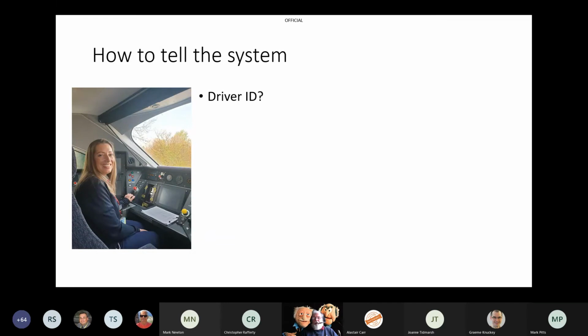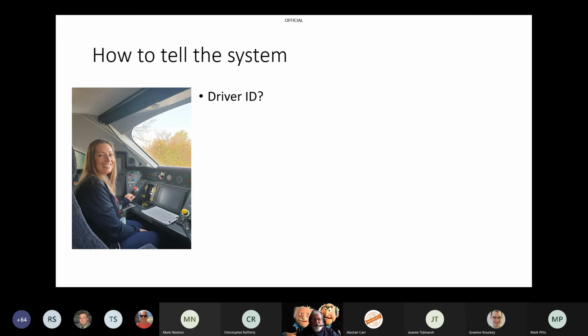Well, we looked at, could the driver's identity that they type into the system be used somehow to tell the system that this driver is authorized to operate in ETCS or not. The problem with that is that every train needs to have a database of all the drivers and you've got to keep it up to date.